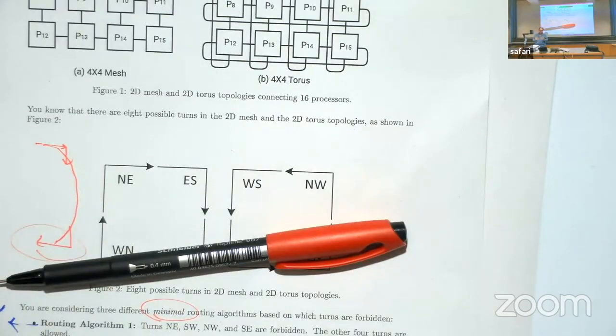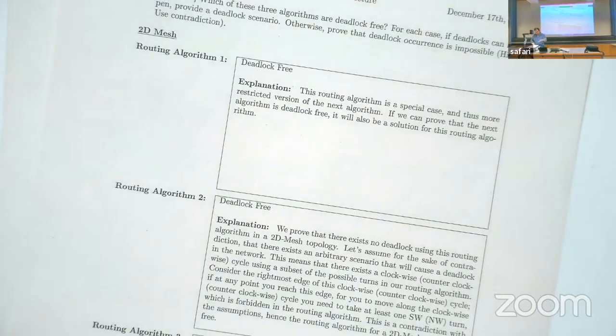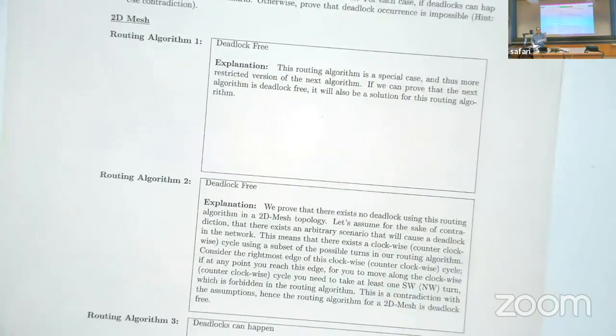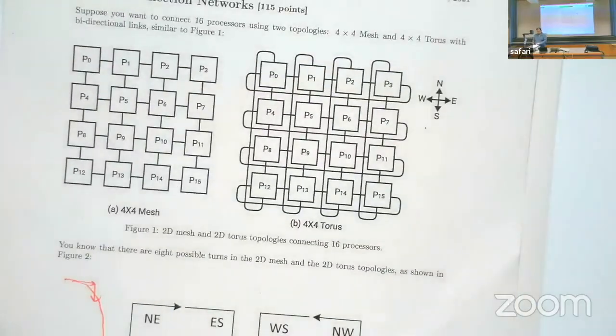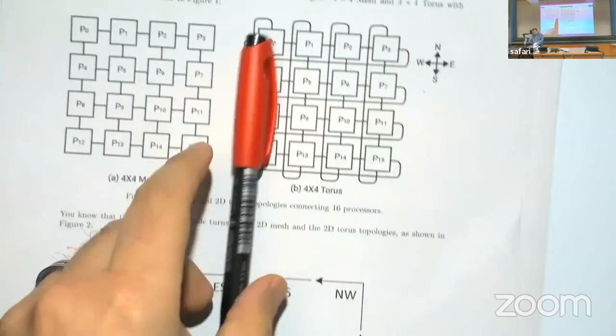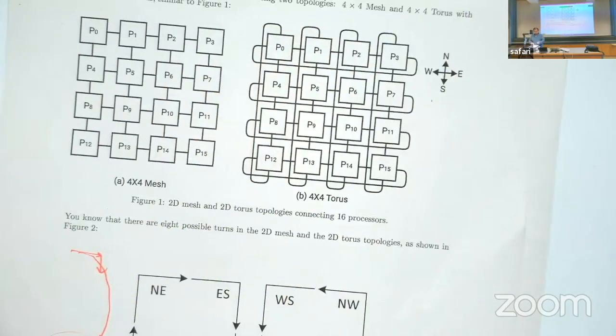So basically, let's see. I guess after the explanation of routing algorithm 3, that would be more clear, but I can explain also here. Whenever we have a deadlock, it means that there are some packets waiting for each other.